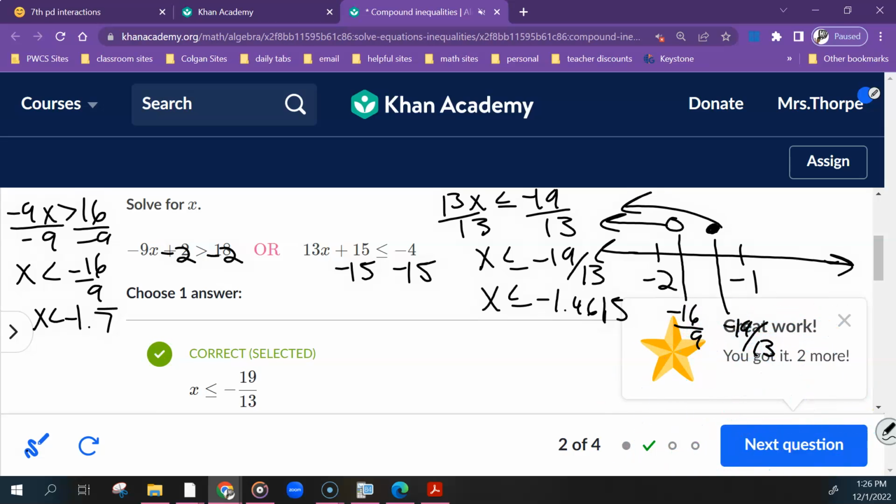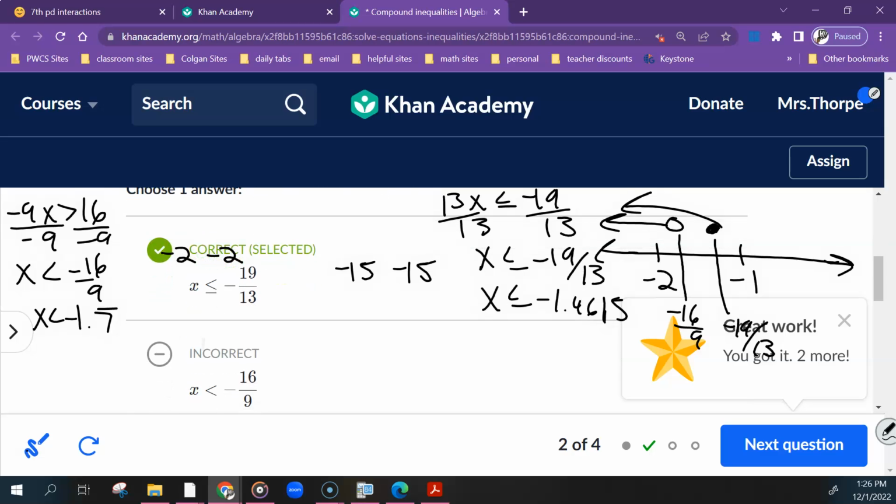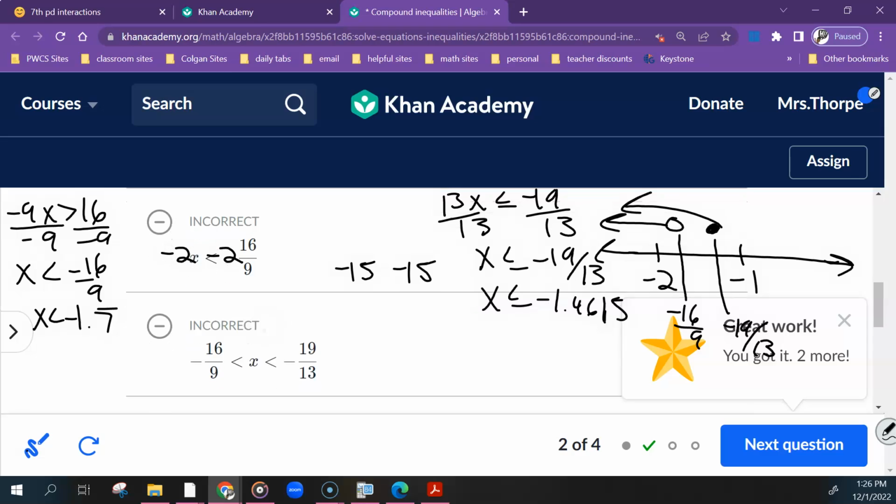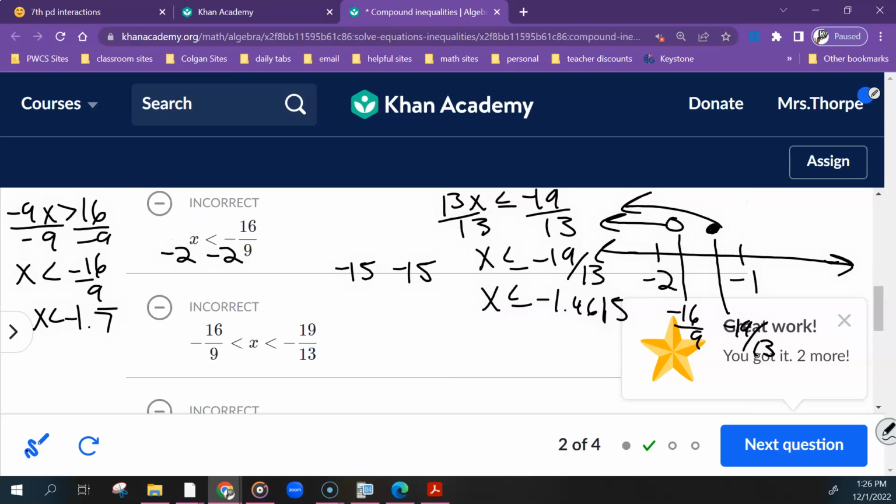Where are both of them true? If I'm looking at the other answers, this one is true for this one, but not for the other one, because it goes further back. This one is an and, so that wouldn't be true.